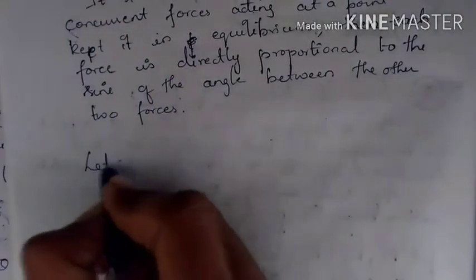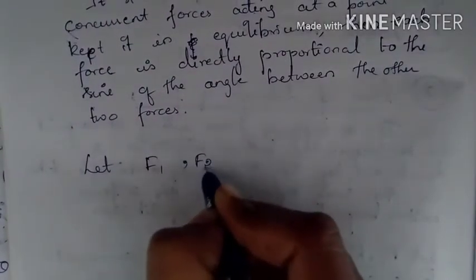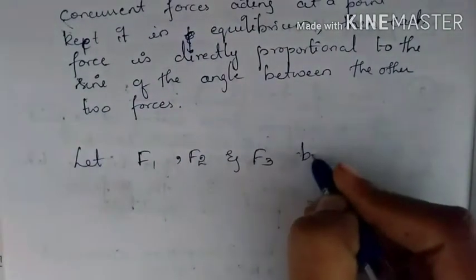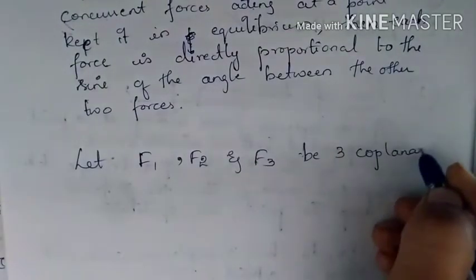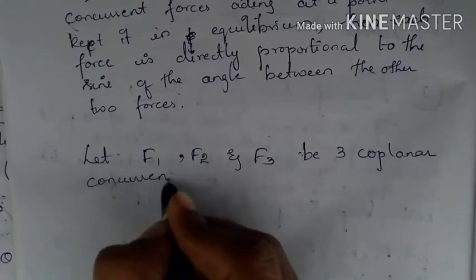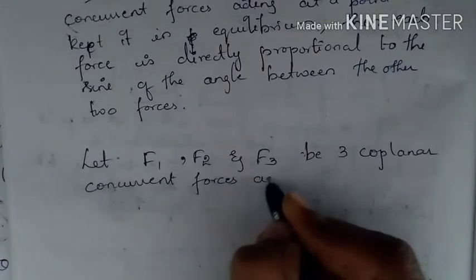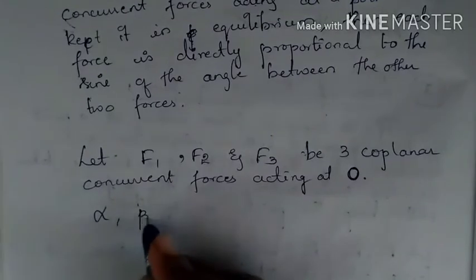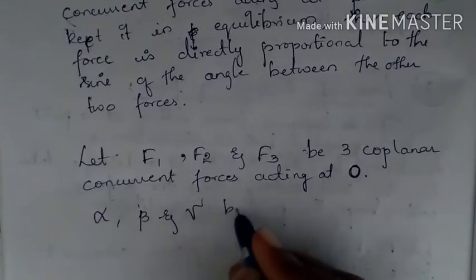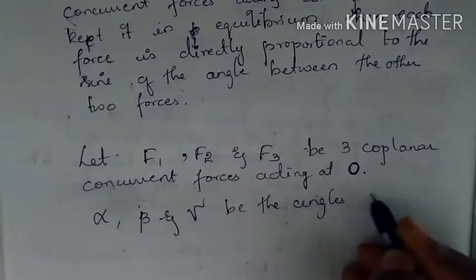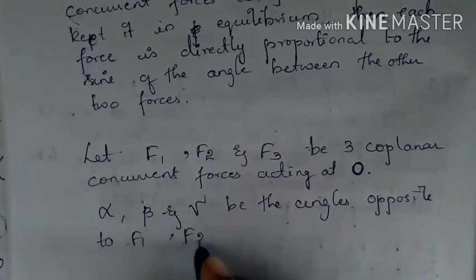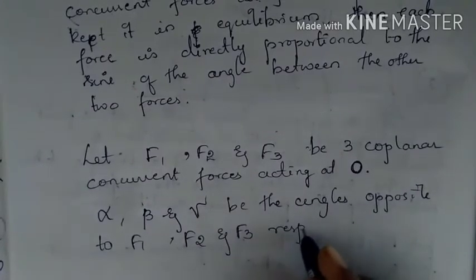So here again we have F1, F2 and F3, and these three are coplanar concurrent forces acting at point O. Now let alpha, beta and gamma be the angles opposite to F1, F2 and F3 respectively.